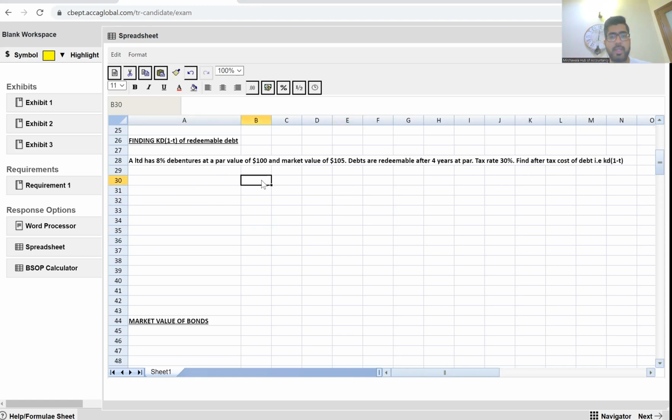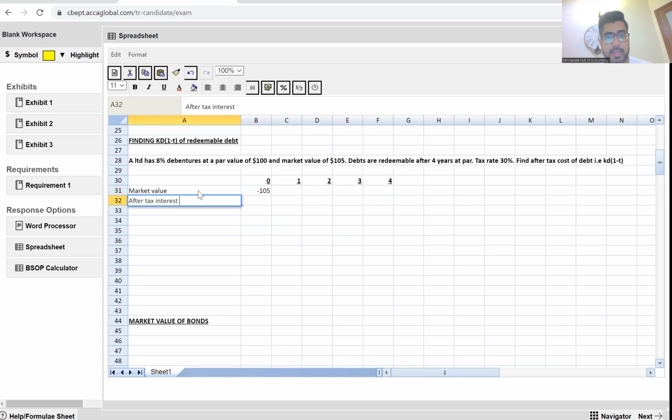Now you used to say, okay, so debt is redeemable after 4 years: 0, 1, 2, 3, 4. Since it's a redeemable debt, you made up your mind that for redeemable debt, if you need KD, IRR. There are 3 transactions. One, market value. That is an outflow, so market value is 105 outflow. Then after tax interest.